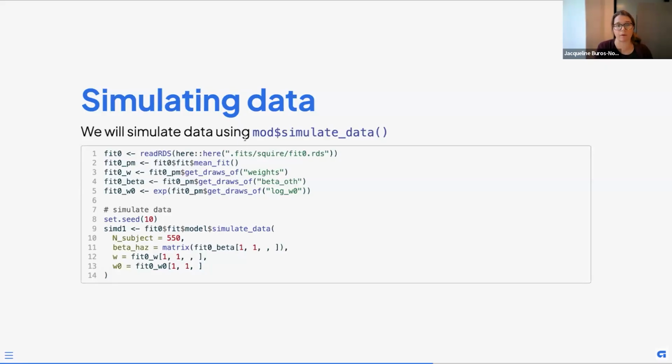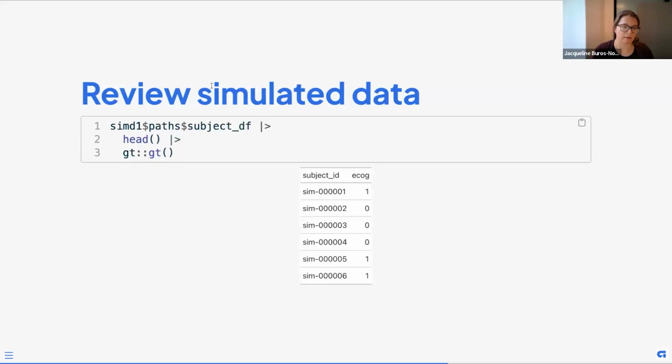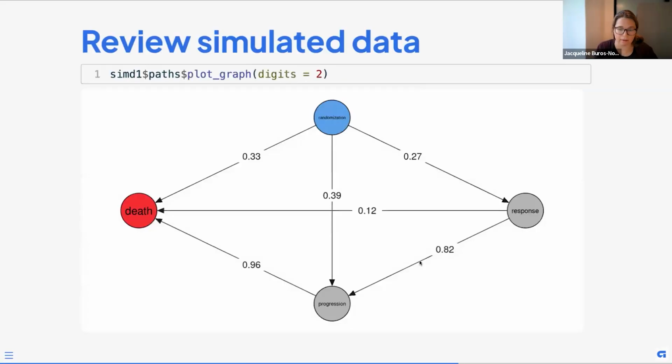So this kind of supports the Bayesian workflow quite nicely because we can quickly check that our model is able to recover values in a simulated data context. So the simulated data that gets generated, it's going to make reasonable assumptions about the covariates. So here it's assuming this is a categorical binary ECOG status, which for our purposes will work fine.